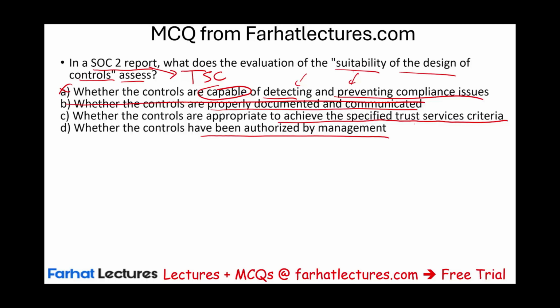Are they good enough? Suitable, appropriate. That's all it assesses. It doesn't mean they are or they are not working. It tells you from a suitability standpoint, it looks good, but we don't know if it's working properly or not. Remember, after suitability, what do we have to do? We have to test their effectiveness. But suitability is just whether they are appropriate or not on paper. I would say C is a good answer so far.